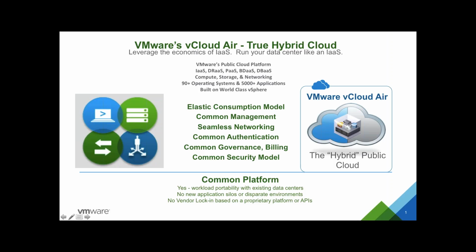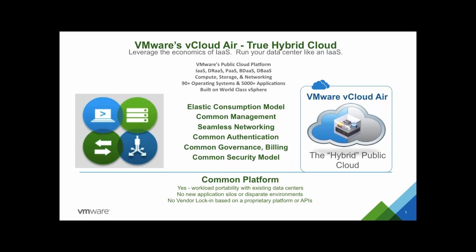So in this section, I'm going to talk about vCloud Air, VMware vCloud Air. VMware vCloud Air is one of the platforms that Nirmata has enabled to deploy their solution, the container-based solution. VMware vCloud Air is a public cloud owned and operated by VMware, and it provides an elastic infrastructure as a service for customers, which provides a common management infrastructure between the on-premise data center and the cloud data center.